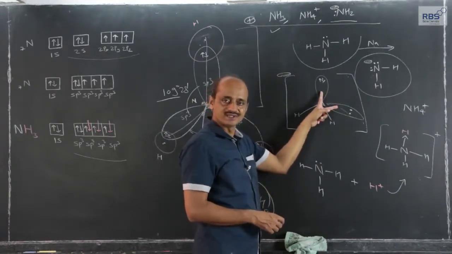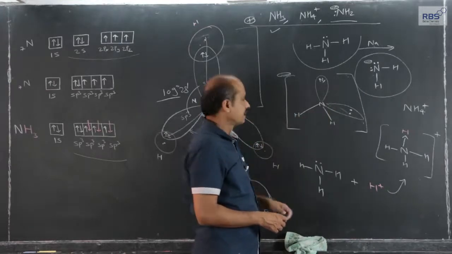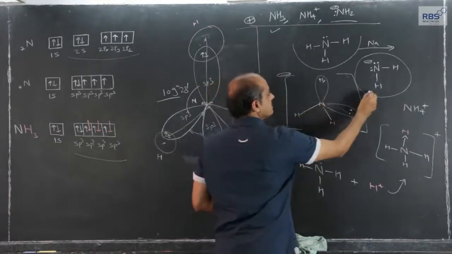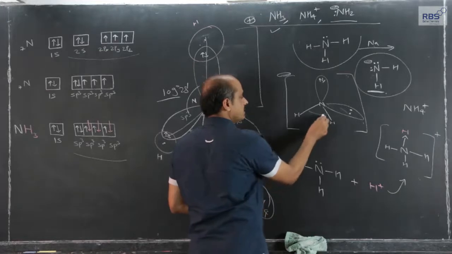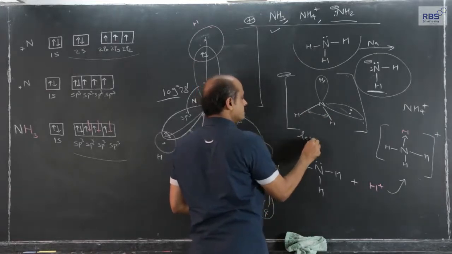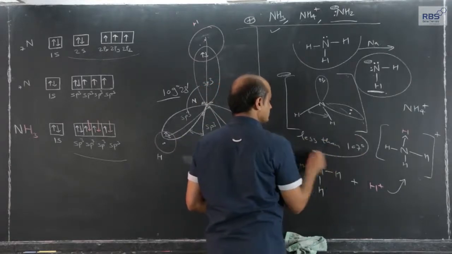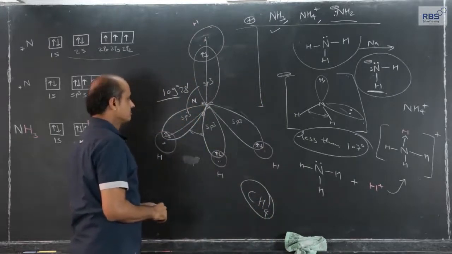Repulsion between 2 lone pairs is more, and therefore bond pairs will come still closer, and therefore in case of NH2 minus ion, the bond angle will further reduce. It will be less than 107 degrees. So, in ammonia it was 107 degrees.